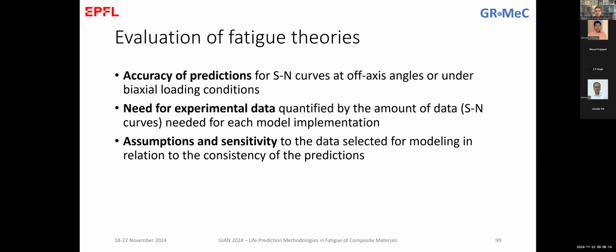Here, if someone looks at the theory behind the criteria, the best one of those that we compared is obviously the criterion of Fayaz and Elin, because for them the only experimental data needed is one SN curve, and the static strength data for any other off-axis angle needs to be estimated.